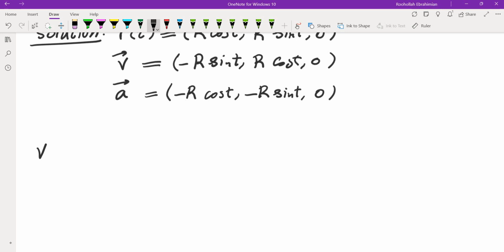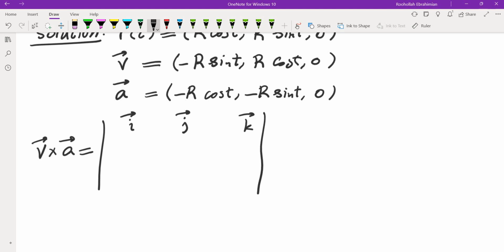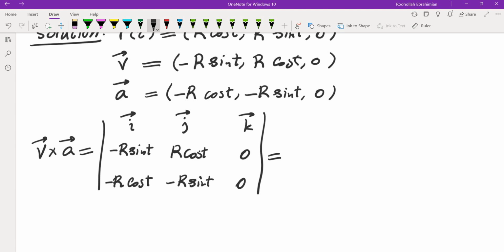Let's take the cross product of these two, v cross a. That is going to be i, j, k, minus r sine t, r cosine t, 0, minus r cosine t, minus r sine t, and 0.